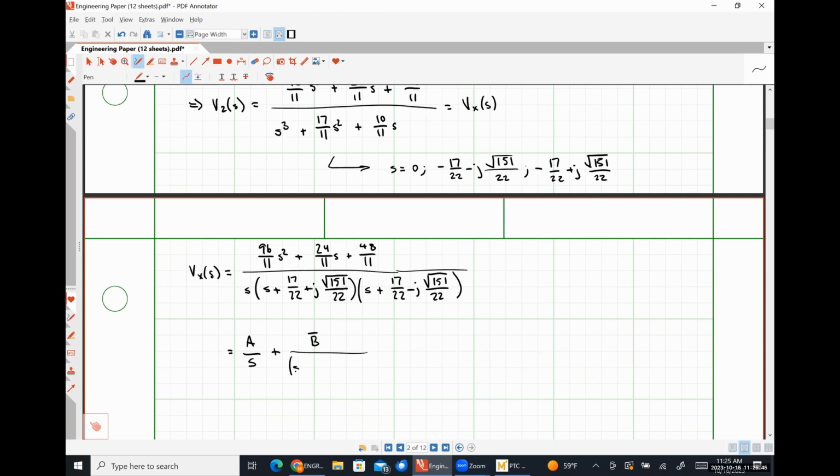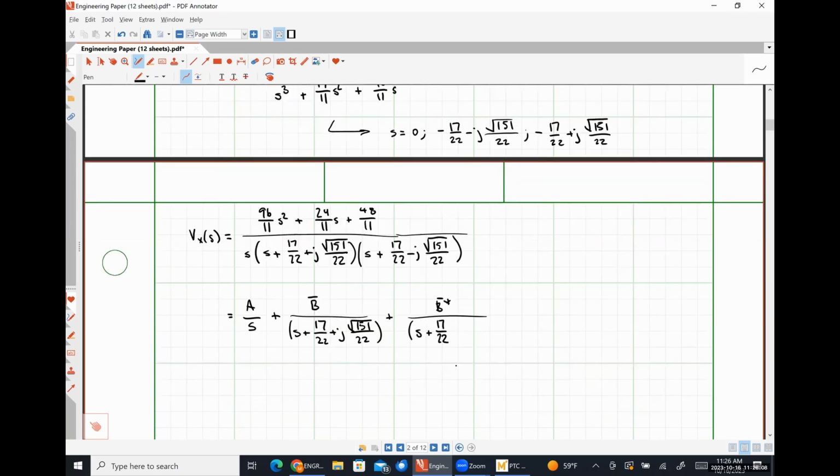Over s plus 17 over 22 plus j root 151 over 22, plus b conjugate over s plus 17 over 22 minus j root 151 over 22.